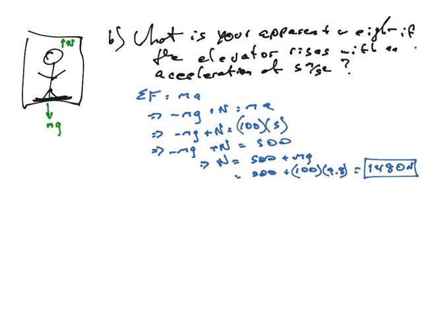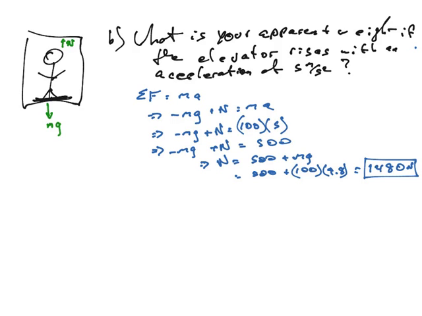It feels like I get pushed into the ground. So it's almost like I feel heavier than I really am. I'm being forced down harder than gravity alone. So my intuition would tell me if the elevator is accelerating up, I should feel heavier.